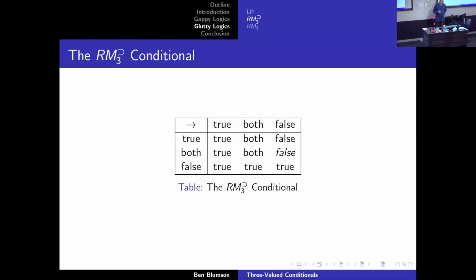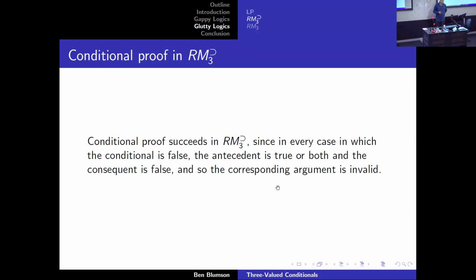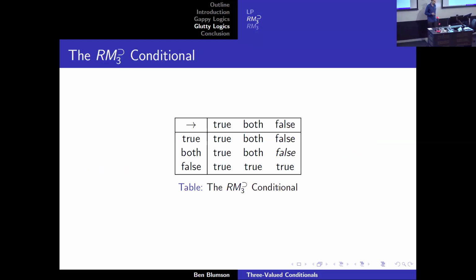RM3 hook is like L3 hook. Conditional proof is valid now, since in every case in which the conditional is false, the antecedent is true or both, and the consequent is false, and so the corresponding argument is invalid. Okay, so to get a counterexample to conditional proof, you'd have to have a false conditional, okay, and a corresponding valid argument.